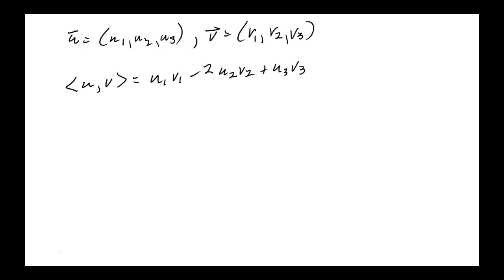What if U1 and V1 are both 0, and U3 and V3 are both 0, and U2 and V2 are both positive? Or if one of those is negative, it's fine. But if they're both positive, then hang it up, Jack.